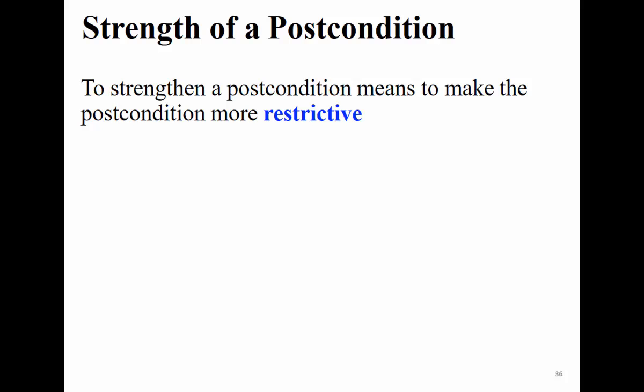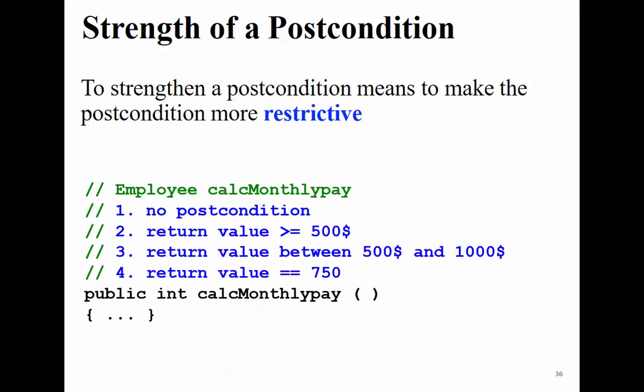So, restricting the postconditions. Let us see this example. Which one is strong? Which one is weak? You can have one of these postconditions. You go to the method calculate monthly salary. You can say there are no postconditions.